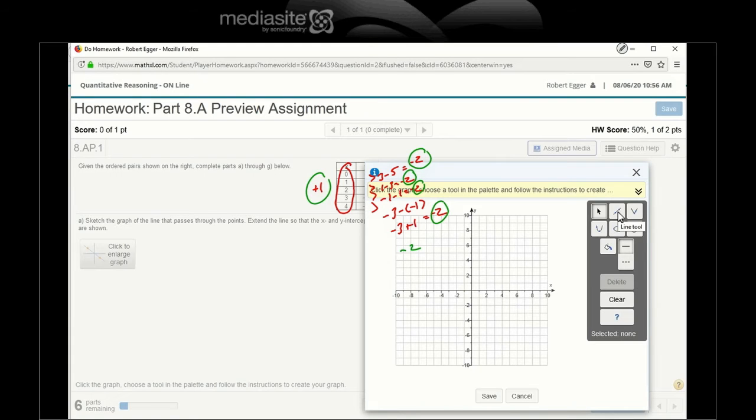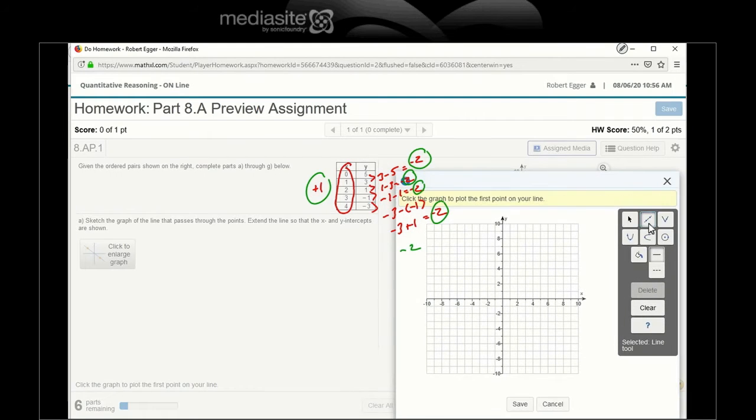So I would want to use this line. You can pick any 2 points to choose from. You can do 0, 5. So when x is 0, y is 5.